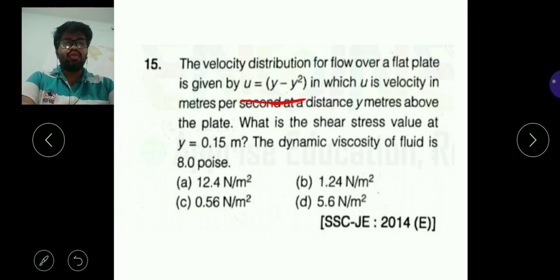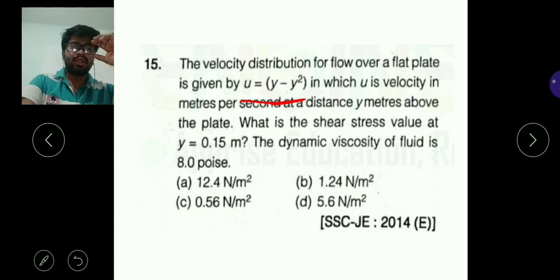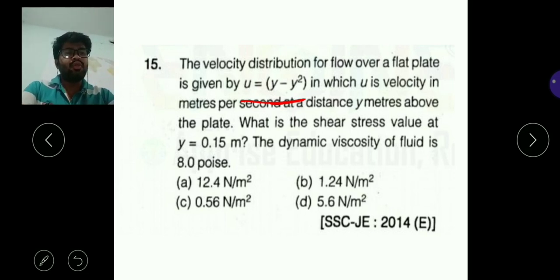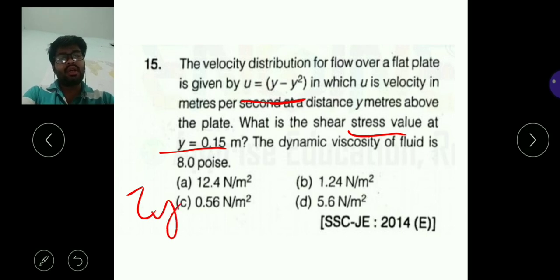What is the shear stress value? We need to calculate tau at y equal to 0.15. The dynamic viscosity of the fluid is given as 8 poise.